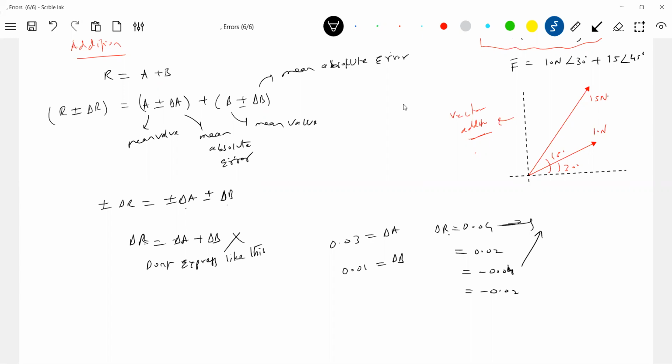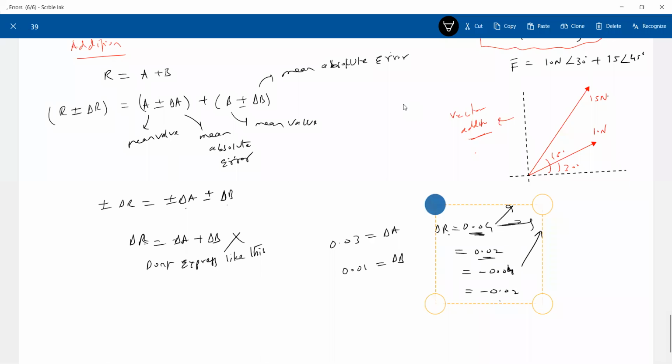If an error occurs this much, you are still within safer limits. So it's a practice to always express the maximum possible error, not the minimum possible error.